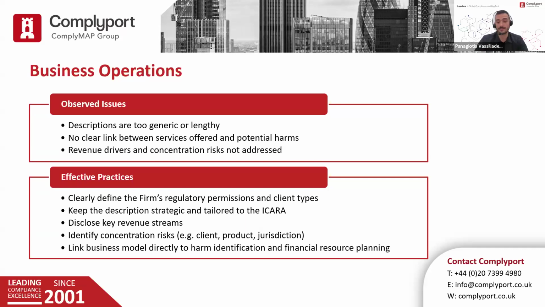If, for example, 80% of your total income comes from one product or one client, that of course raises concentration risk and it needs to be flagged within the ICARA. And finally, you need to link your business model directly to harm identification and financial resource planning. This isn't just about an introductory paragraph or an introductory section within the ICARA process documentation. It's the foundation of your whole ICARA process.